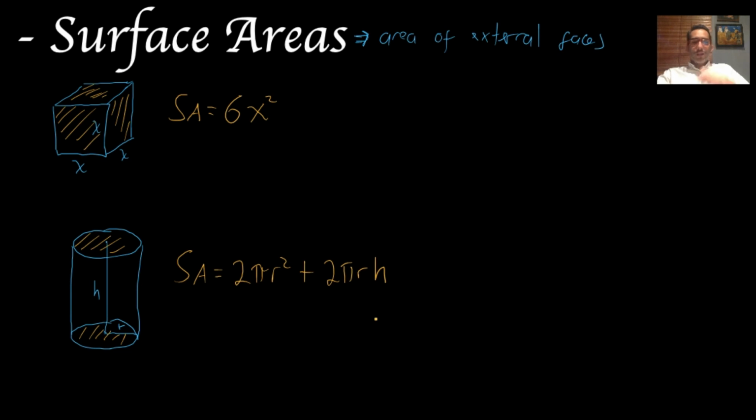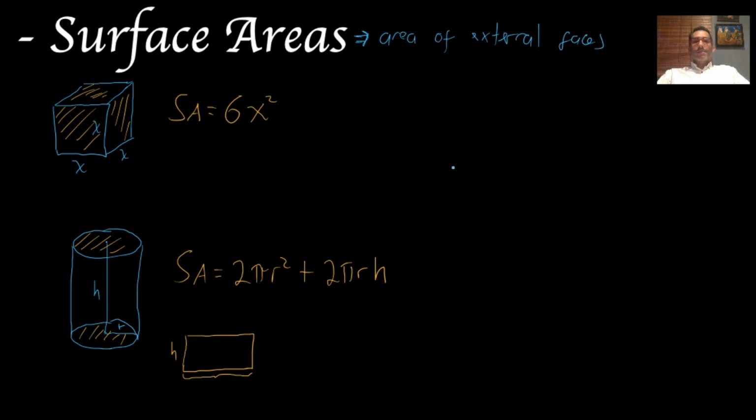So you imagine the rectangle that will cover the circle as the base. This side will be equal to the circumference of the circle of the base, and this will be h. So that's why, in general, this will be the equation that we'll use if we want to find the surface area of a cylinder. All right, I hope that's clear enough.